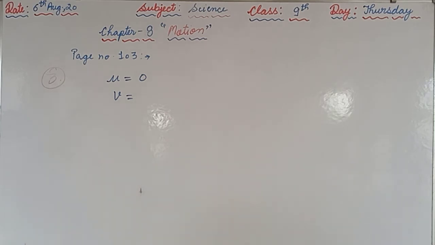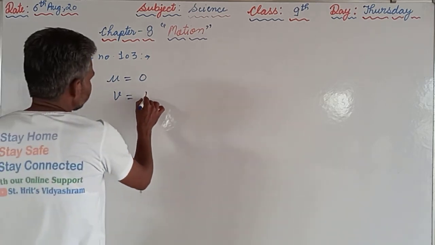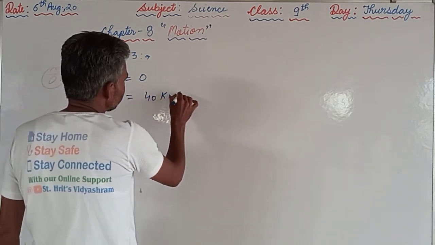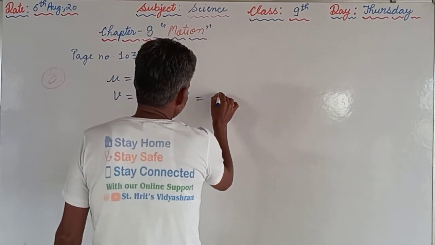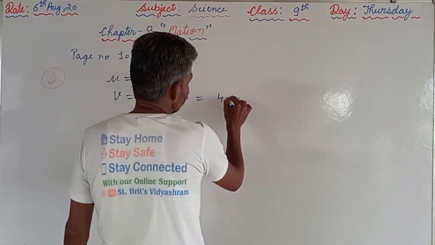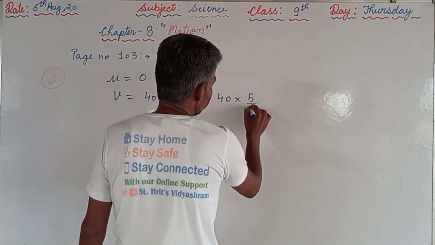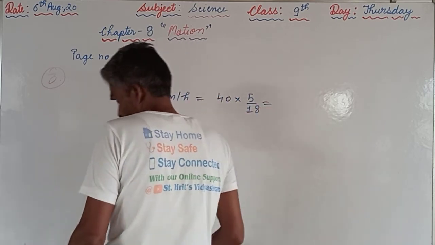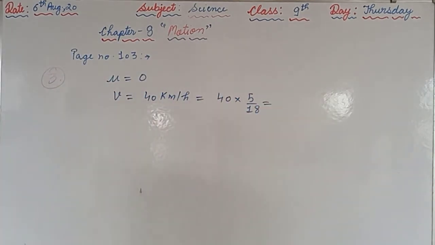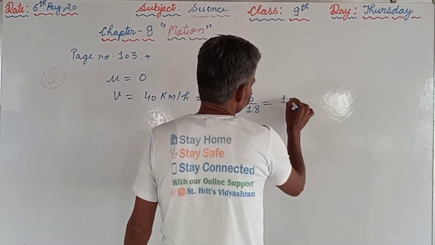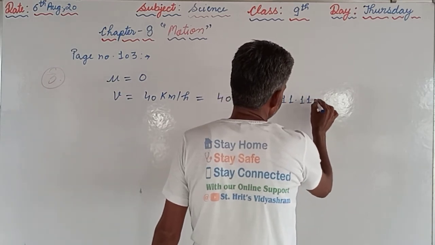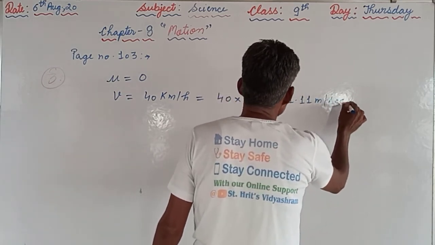It attains the speed of 40 km per hour. We are supposed to convert that into meter per second, so we multiply by 5 upon 18, and after multiplying by 5 upon 18, we will get the value 11.11 meter per second.